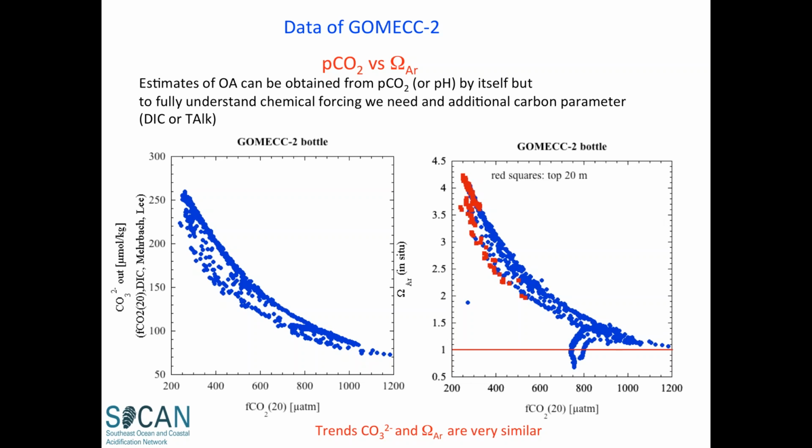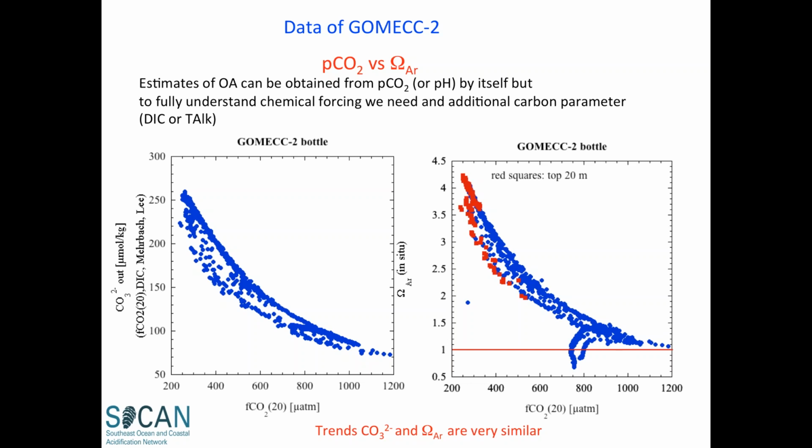For those of you who think that the top line, which looks like a very tight correlation, is surface water and the bottom is down deep, that is not quite correct. On the right-hand side, I show the data which is in the top 20 meters of the GOMEC realm, and you can see that it does not follow that top line.